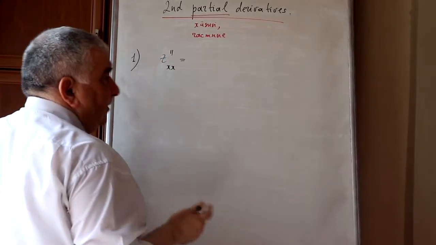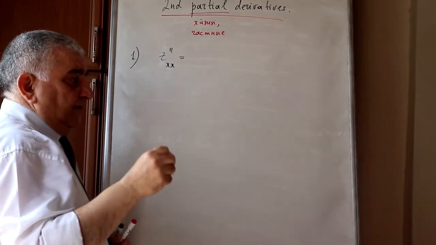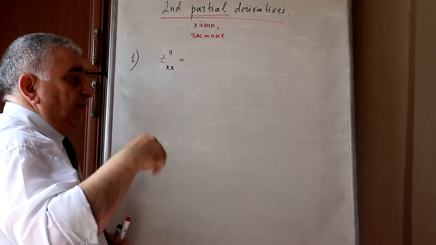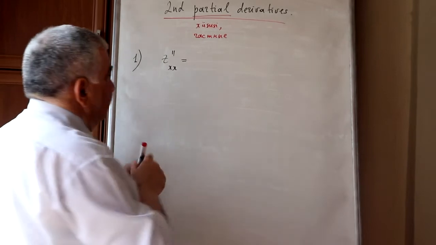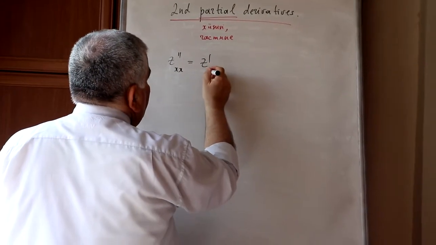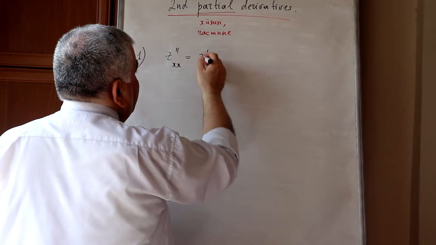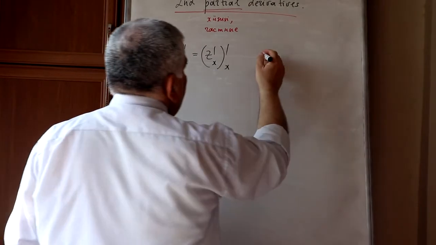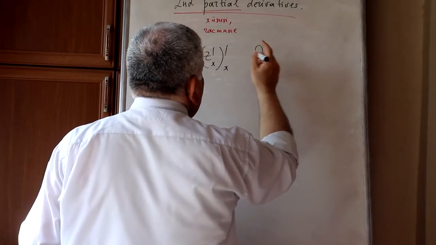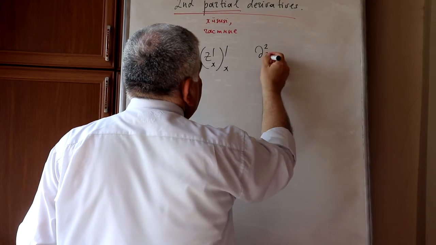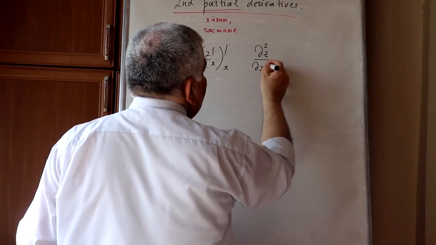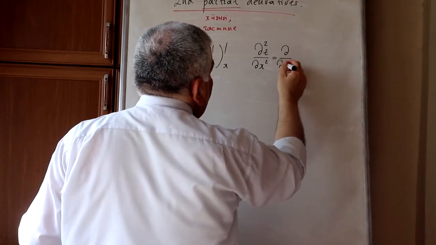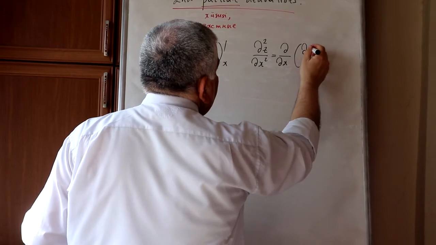It is partial derivative with respect to x of partial derivative with respect to x. Z prime on x, prime on x, or also d squared z over d x squared. It is d dx of dz dx.